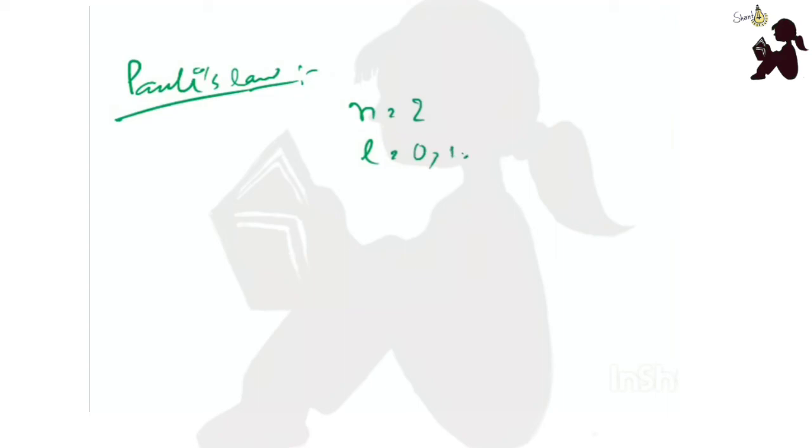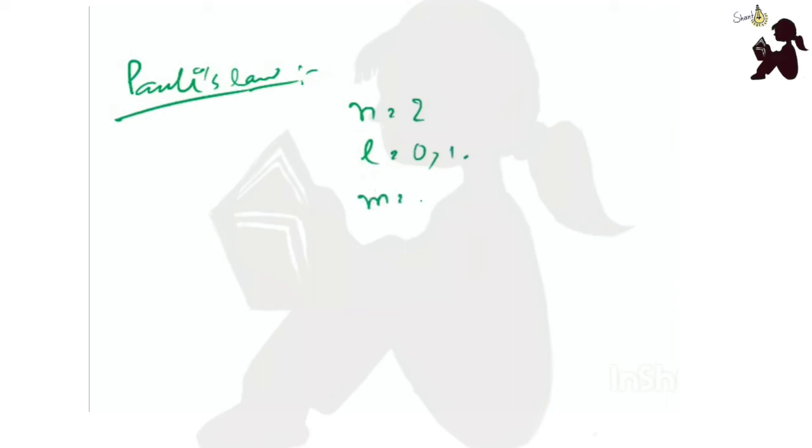Now we have to know about Pauli's exclusion principle. What Pauli said is that if three quantum numbers are the same, then the fourth one must be different. That means if n equal to 2, then l can be anything from 0 to 1, but it can't be 2, right?